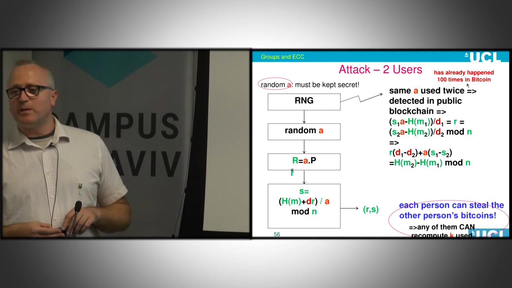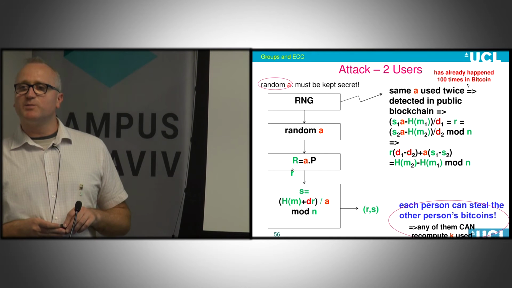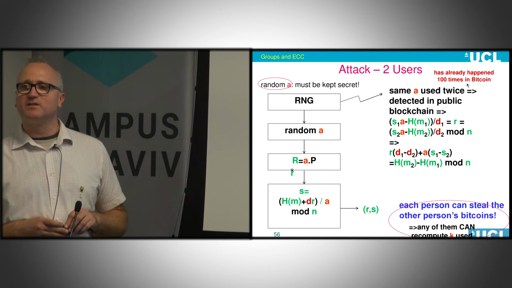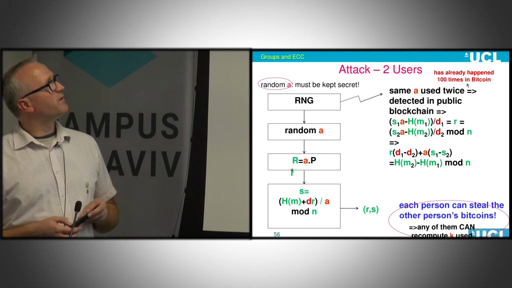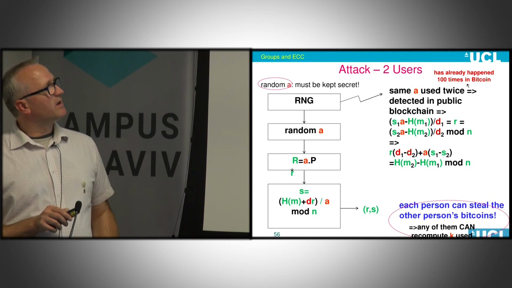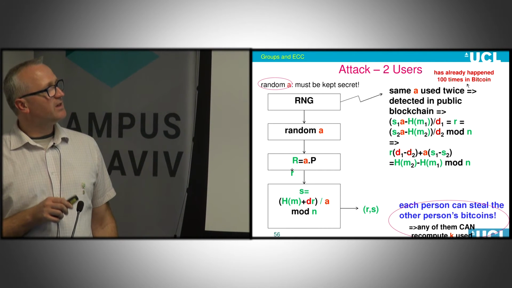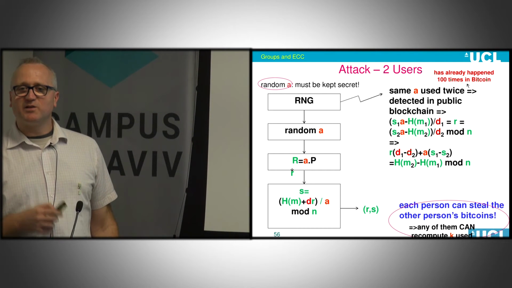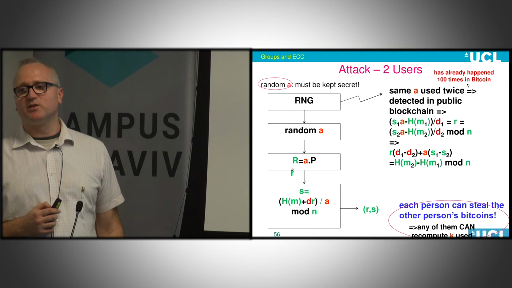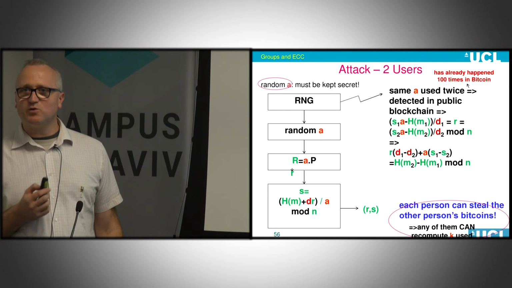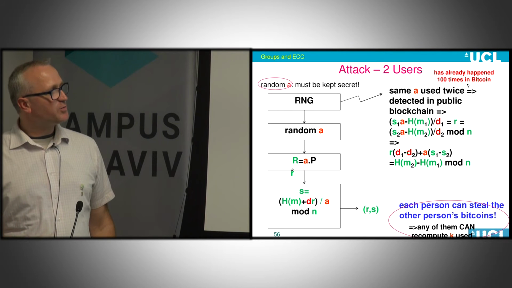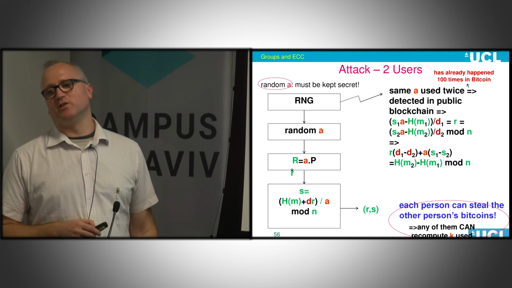I think in the open literature no one has explained what is possible to do with these attacks. I think I'm the only person who explained what is possible and what isn't. For example, if two users use the same random A, it's quite interesting, because it's not that everyone can steal Bitcoins. The only thing you can do is that each person can steal the other guy's Bitcoins.